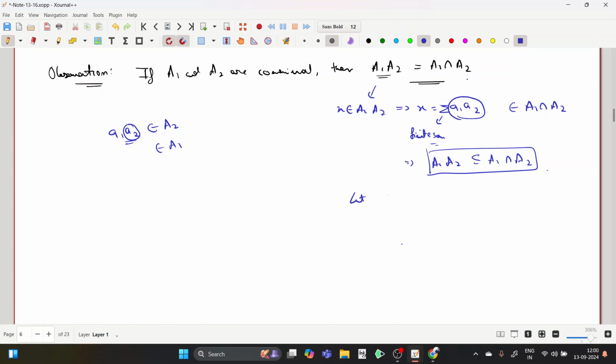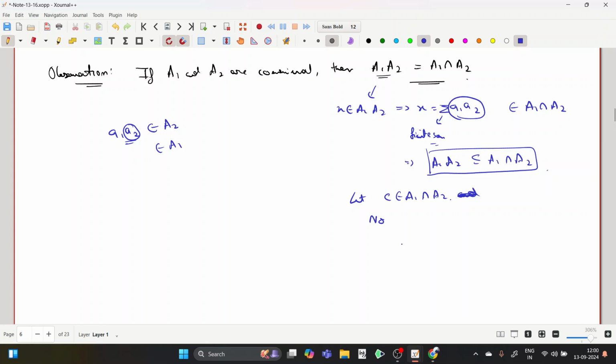So let c be an element of A1 intersection A2.